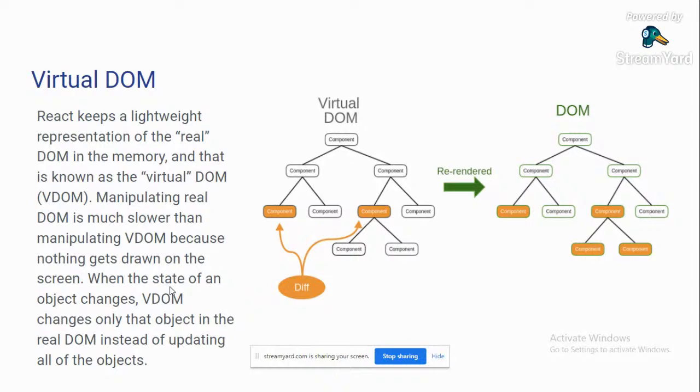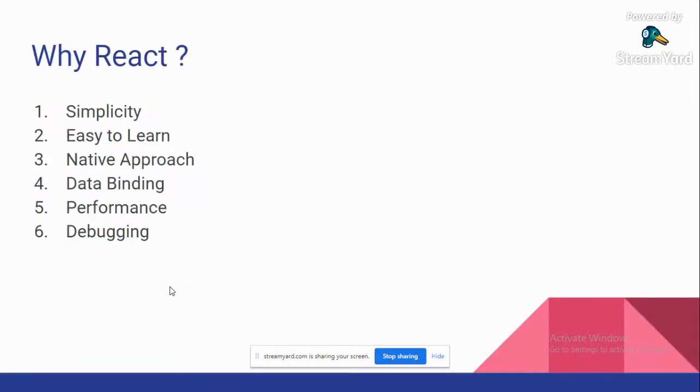So why do we actually use React? Because it's simple, and of course it's easy to learn since it's JavaScript and HTML, and it follows a native approach. Native approach means we have React Native also, and we have one language for the same. Then we have data binding, performance and debugging.